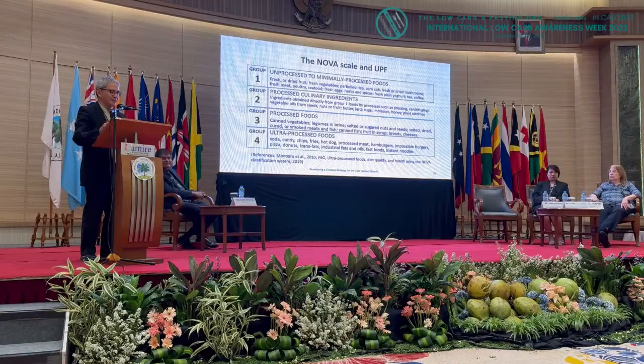These are the plant-based so-called burgers. Pizza, donuts, trans fats, industrial fats, instant noodles. So this is the NOVA scale, which was created by Professor Monteiro from Brazil in 2010. And it's become quite useful in understanding the type of food that we should be encouraging.